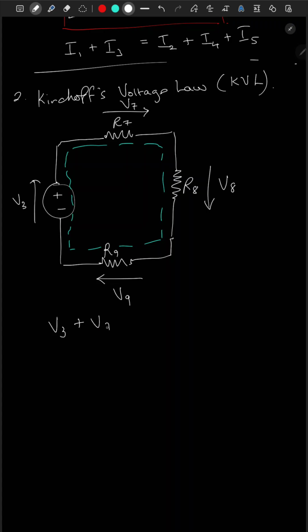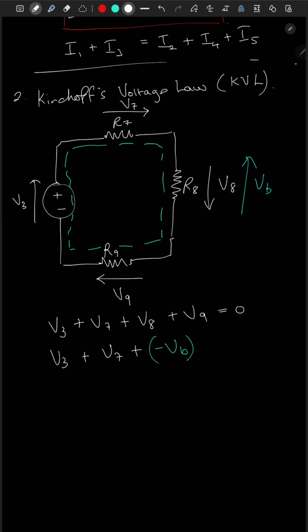Now, by the definition, if we add all the voltages, this should give you 0 around the closed path. If there is a voltage in that direction, for example, let's call it VB, and this voltage is in the other direction, when we add, we have to add the negative value of the voltage.